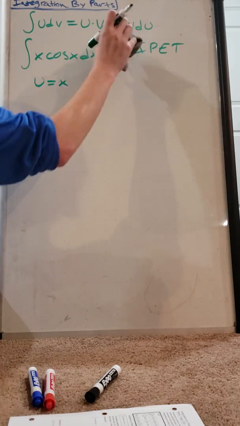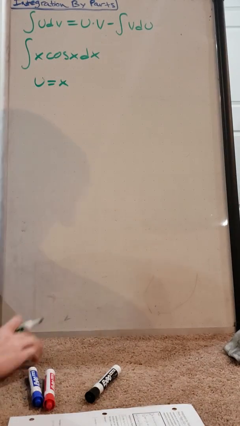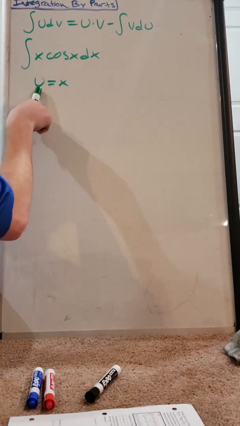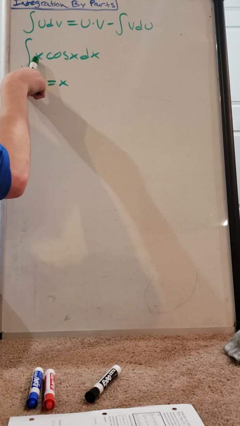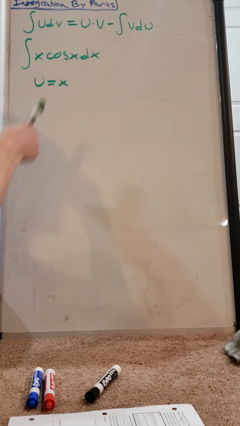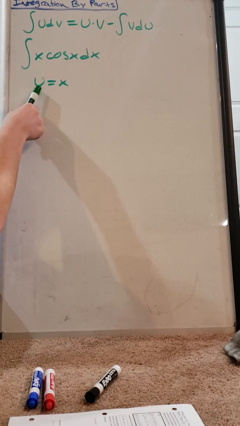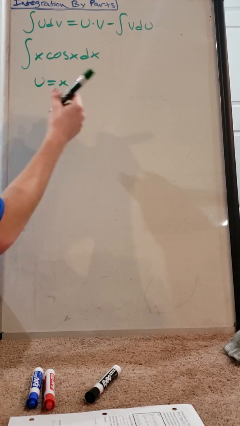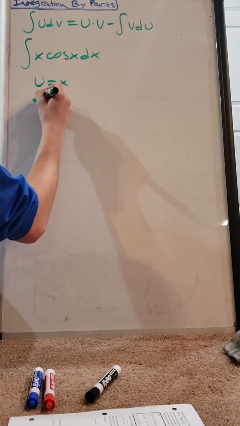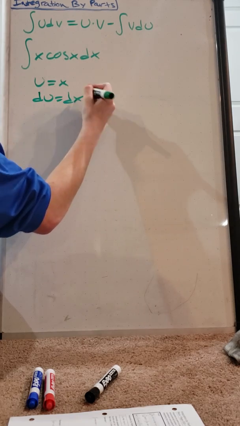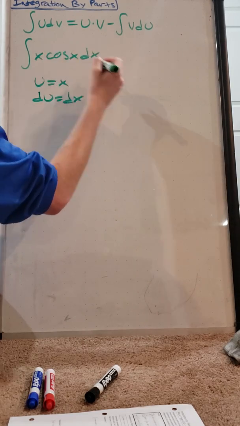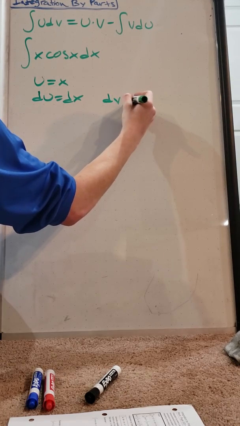That's the order you want to substitute u in. Here x is a polynomial, and that comes before trig because P comes before T in LIPIT. So u equals x, du equals dx, and cosine x is your dv.